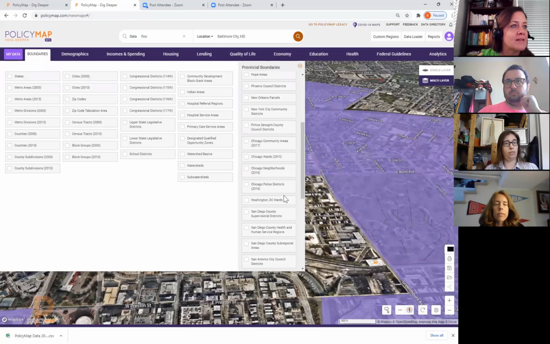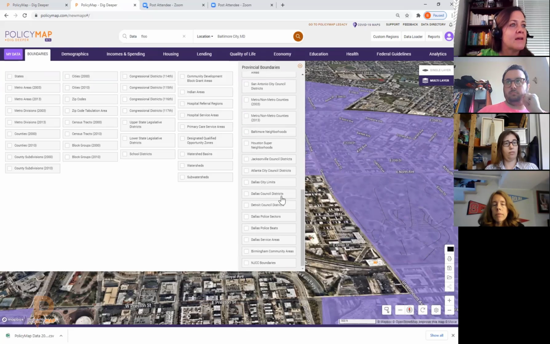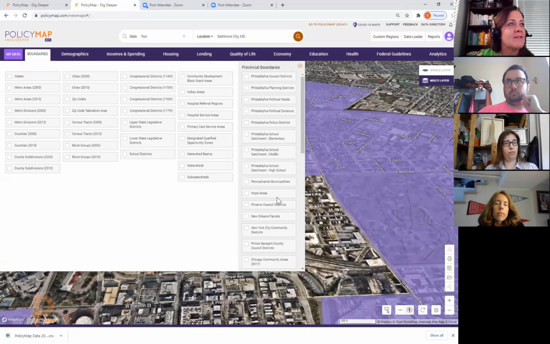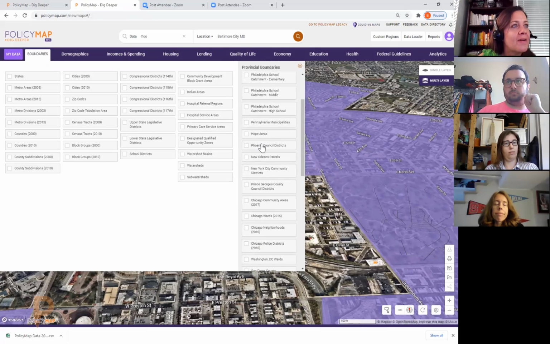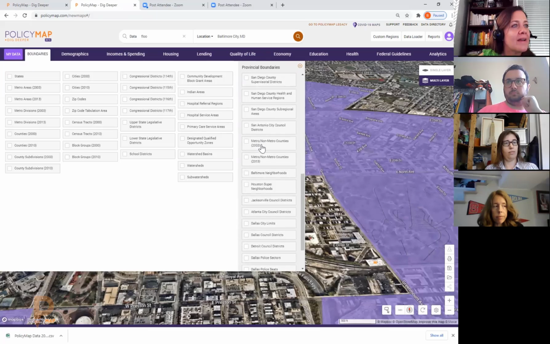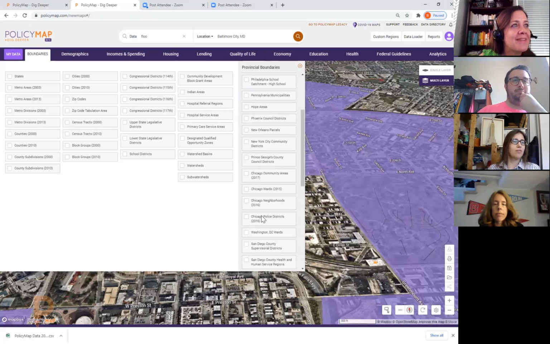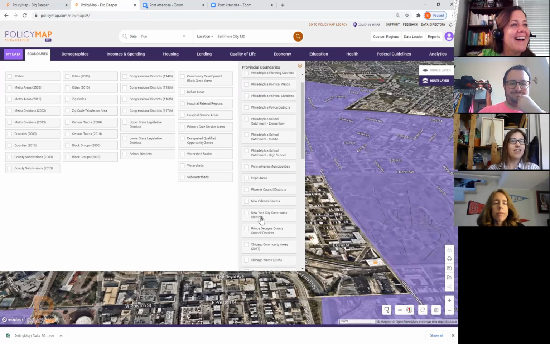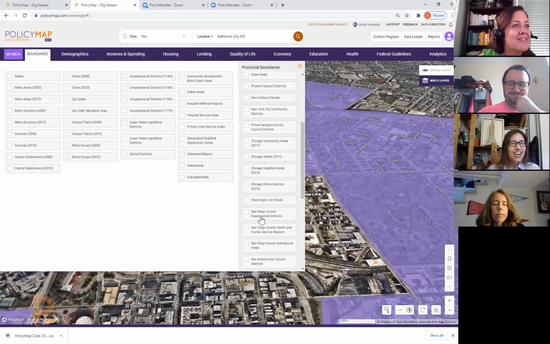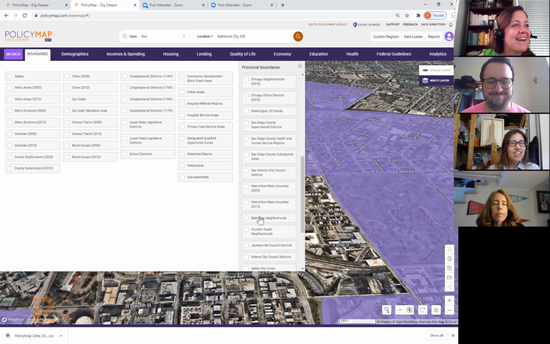So in fact, we actually have the Baltimore neighborhoods that you can add to the map as well, if I can find them. Let's see, where are they? So you can take a look at those boundaries on the map. And I know they're here. I saw them. Go back down. Thank you. How frustrating. I'm sorry. Here we go.